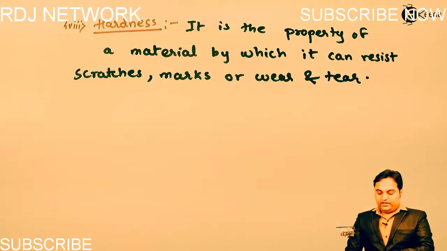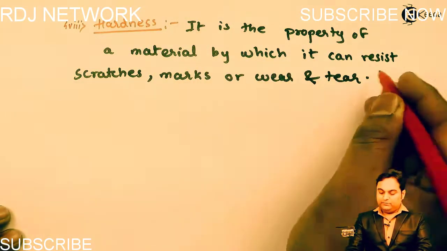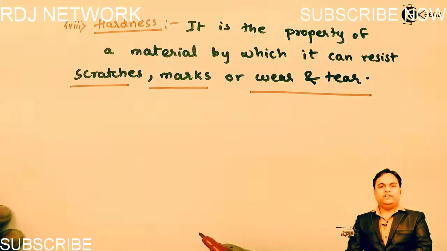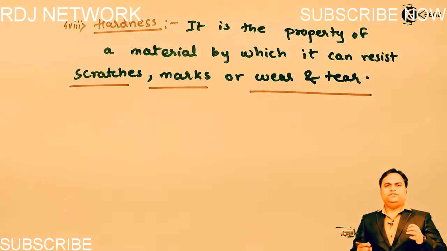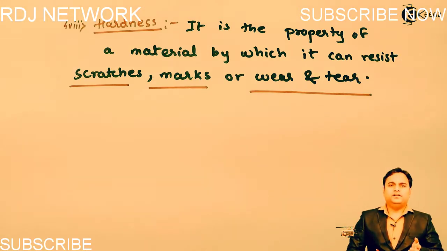So this is regarding hardness, that it is the property by which a material is able to resist scratches, marks, or wear and tear. We decide the hardness depending on the ability of the material.